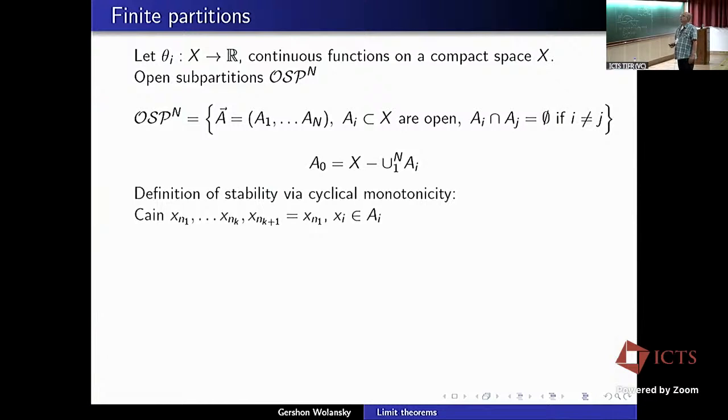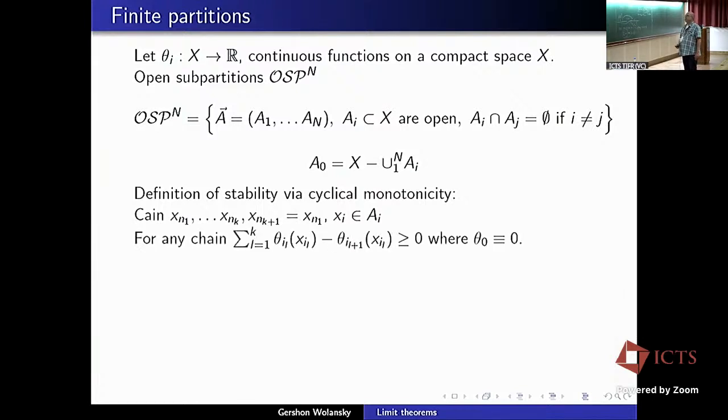And so we can define the stability of such a partition by cyclic monotonicity. What does it mean? It means that if we consider a chain, say x1 up to xk, and the last one, xk plus 1, will be the first one. We identify the last one with the first one, and each xl is taken from the set Ai_l.